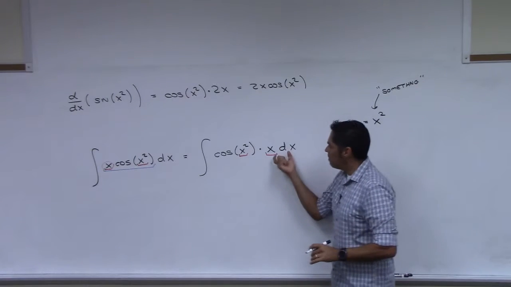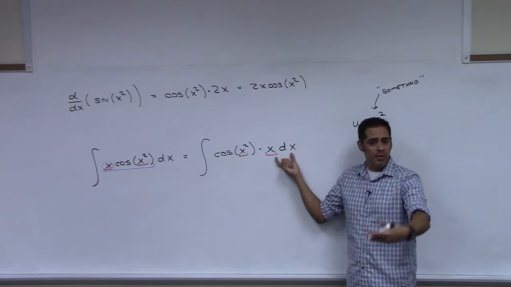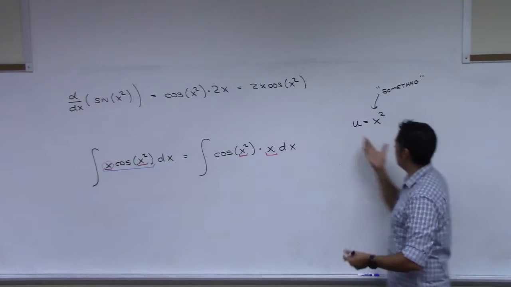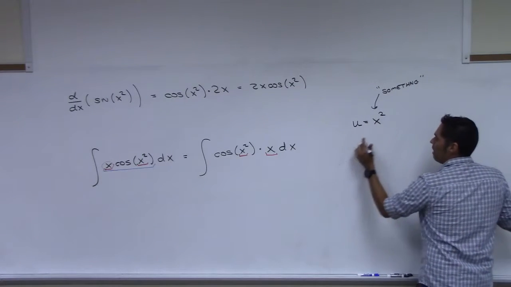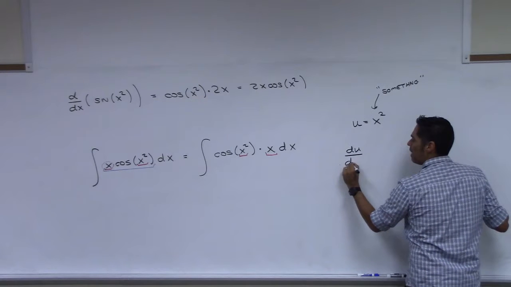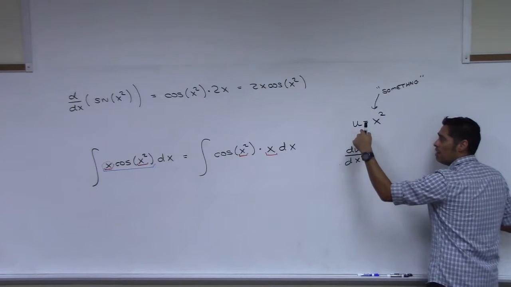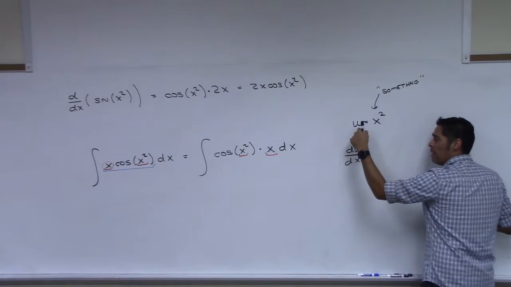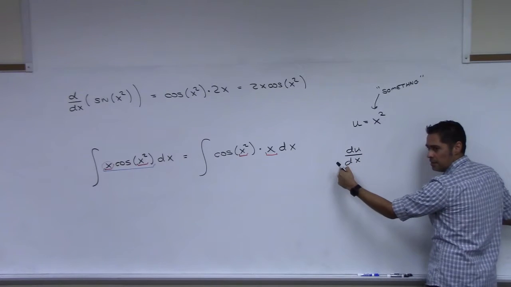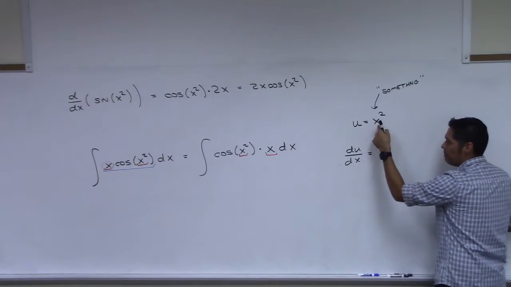So that means I need to somehow make the x dx become something with u's in it, right? So here's what I do. I go back to this, and I take the derivative implicitly with respect to x. So that means I'm going to take the derivative of the left side of this. What is the derivative of u with respect to x? du dx, right? And then the right side, what's the derivative of x squared?